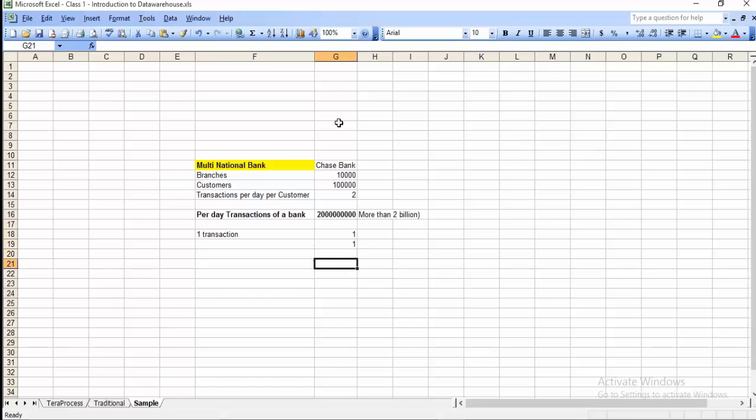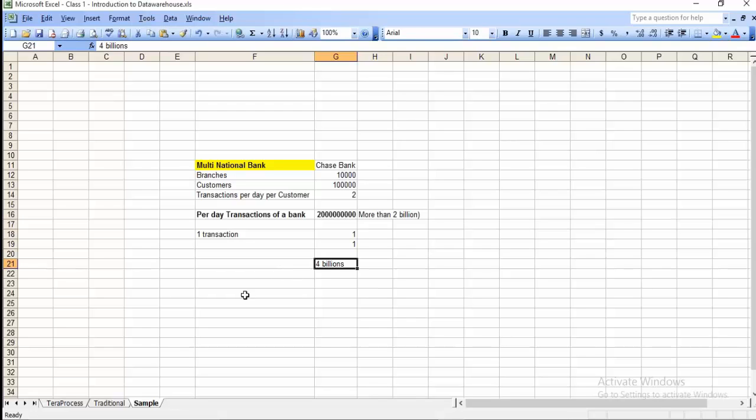If a multinational bank has around 2 billion transactions, almost 4 billion records are modified in a day. It's a rough example, but that is the level of traffic faced, whether records are modified or added.